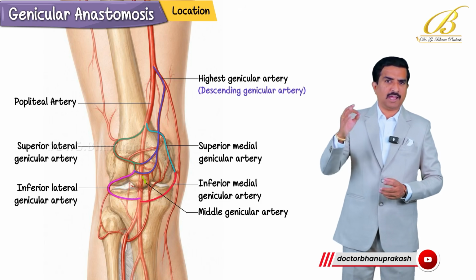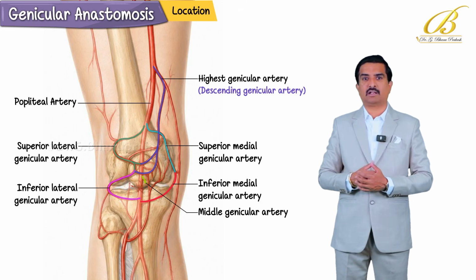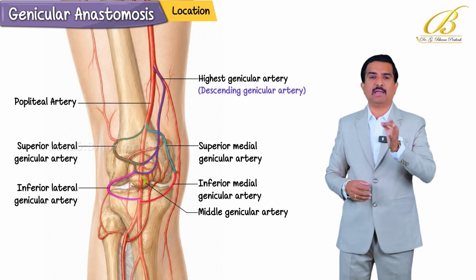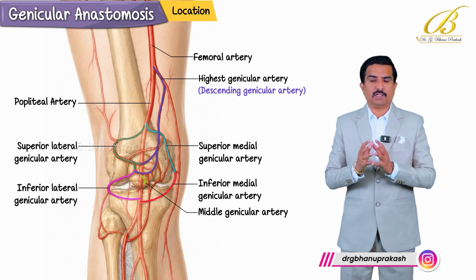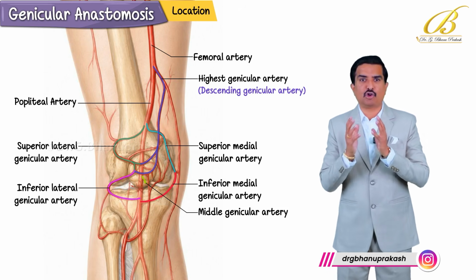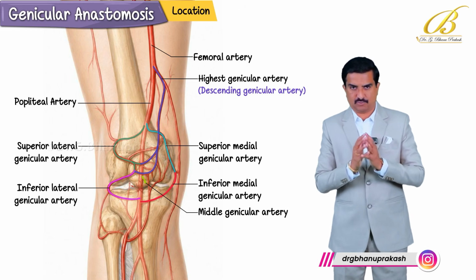And next is the highest genicular artery, also called the descending genicular artery, occasionally a branch of the femoral artery. So these are the posterior and deep contributions to this genicular anastomotic network.